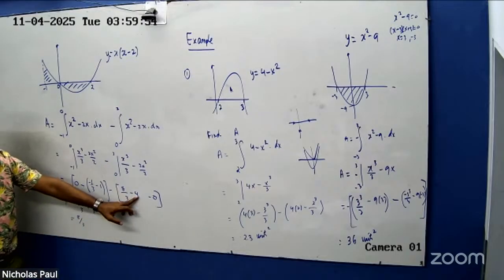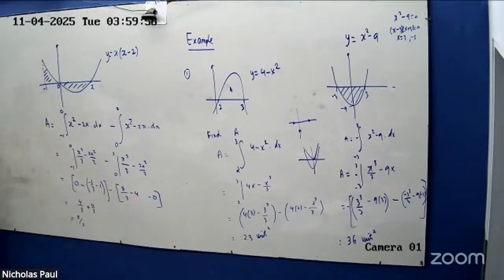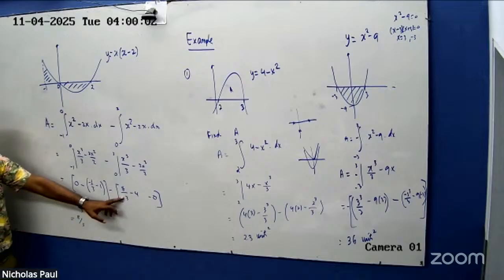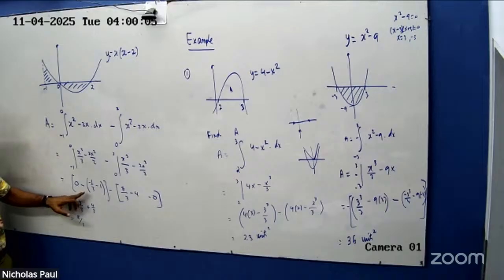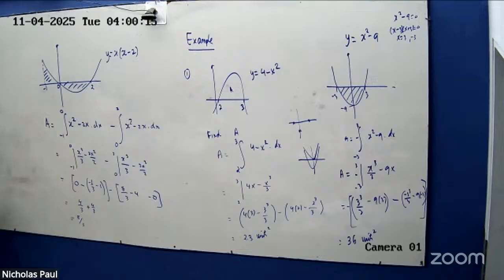It was negative because this is -4 and 3, a minus and a minus makes a plus. I got 8 over 3. Anybody got that? 8 over 3.